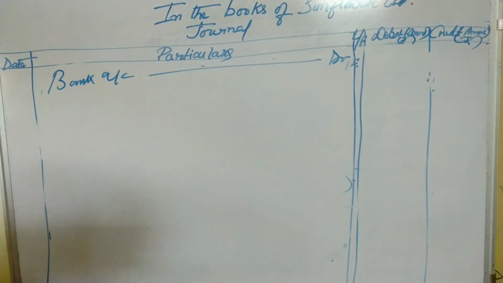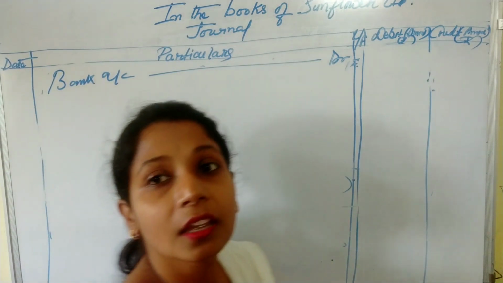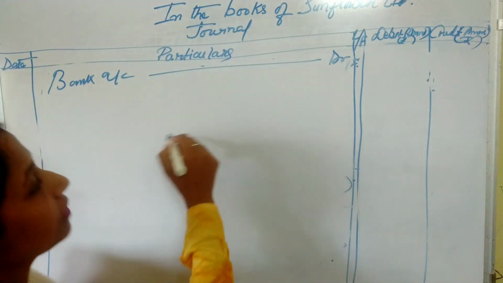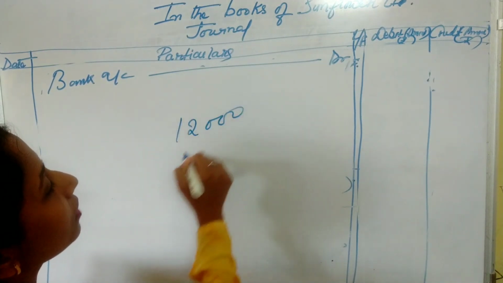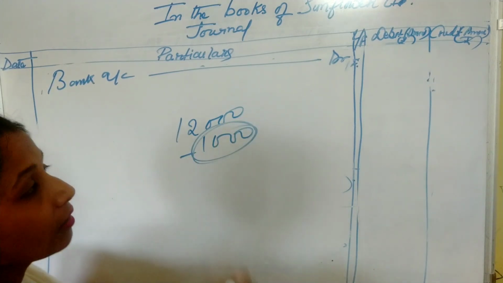Now student, see carefully this entry. Total numbers of shares 12,000. Okay, and one shareholder was holding 1,000 shares, he didn't pay the first and final call. See, 12,000 minus 1,000, these shareholders have not paid the first and final call.